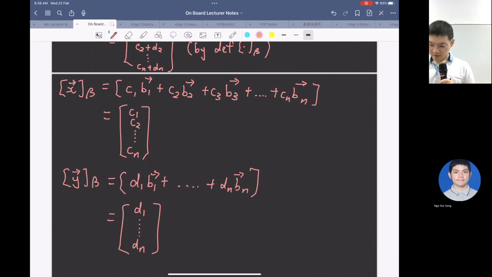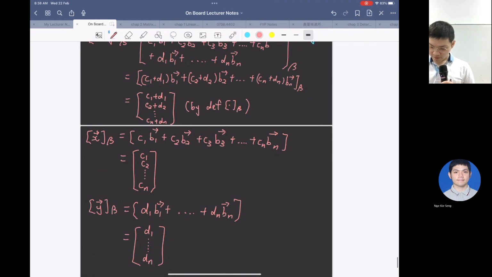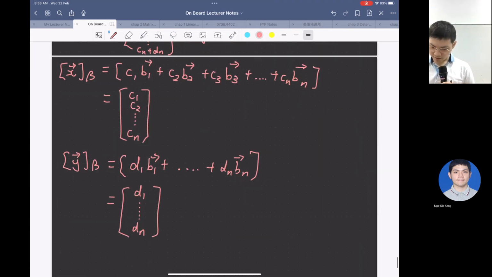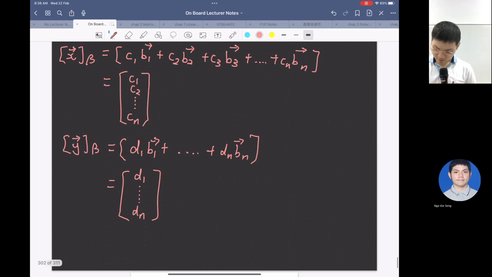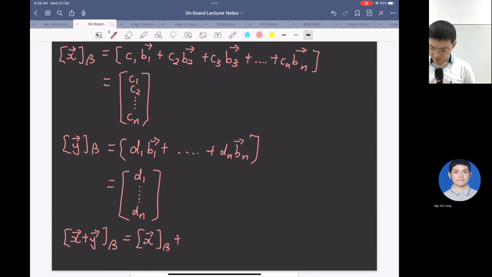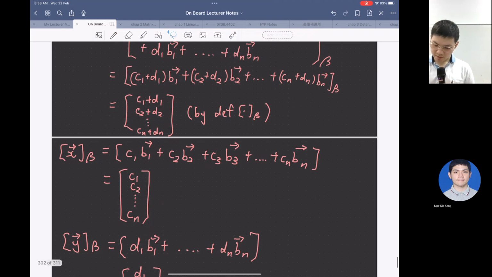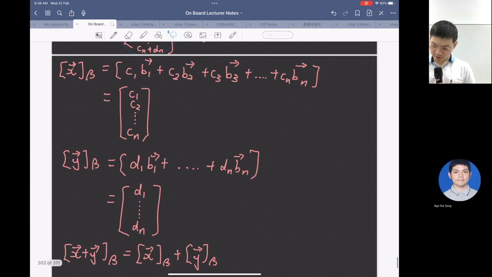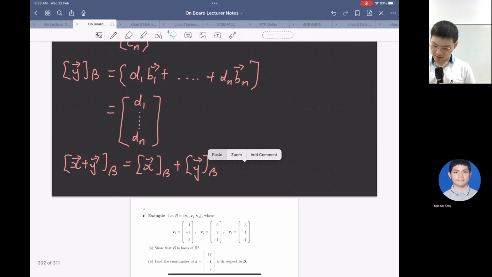Can you see now why the coordinate vector of x plus y is equal to the coordinate vector of x plus the coordinate vector of y? On the left hand side, you have the vector with entries Ci plus Di.